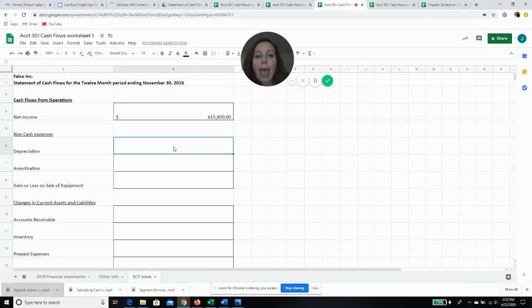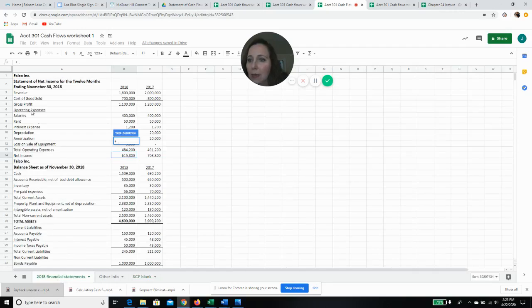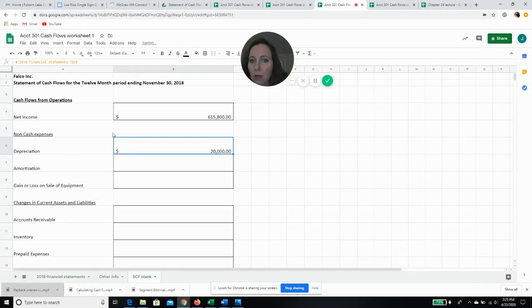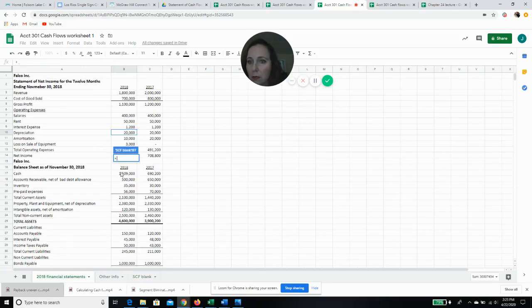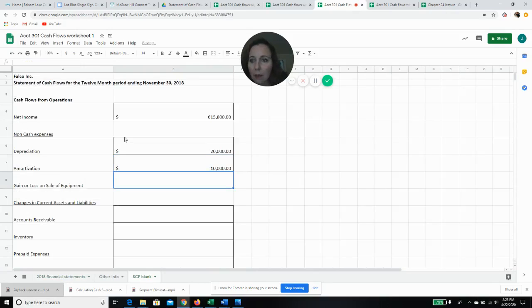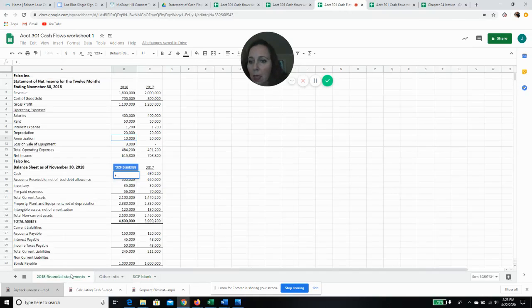Now we're going to add back our non-cash expenses. This is step two, add back non-cash expenses. So I'm just going to add from my income statement my depreciation expense, my amortization expense, and my gain or loss on sale of equipment.